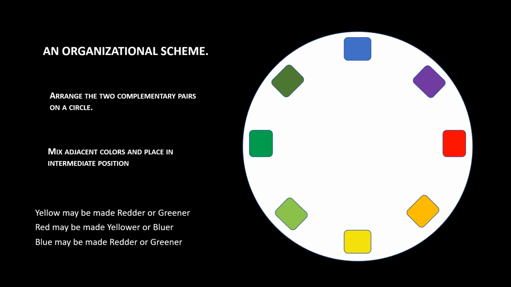We can make blue redder or greener similarly. We can make green bluer or yellower. And so the spaces that I have left blank on this little color wheel can be filled in and given specific names according to the proportions to which we mix the primary colors.